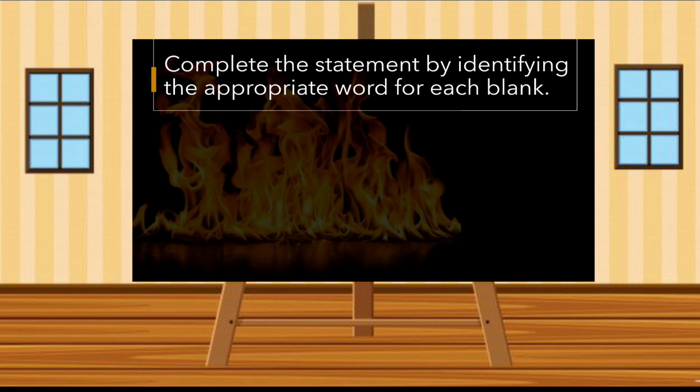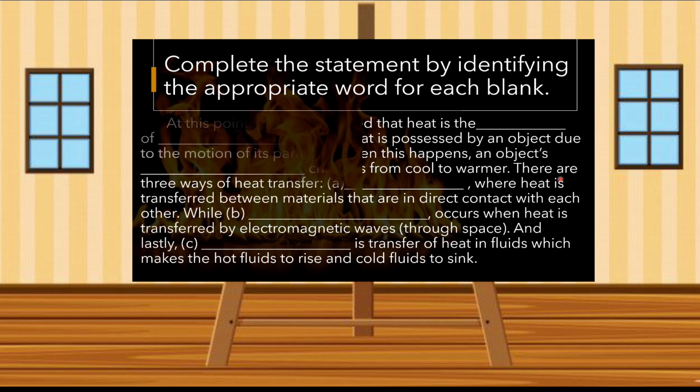Complete the statement by identifying the appropriate word for each blank. At this point, you have learned that heat is the blank of blank energy that is possessed by an object due to the motion of its particles. When this happens, an object blank changes from cool to warmer. There are 3 ways of heat transfer.